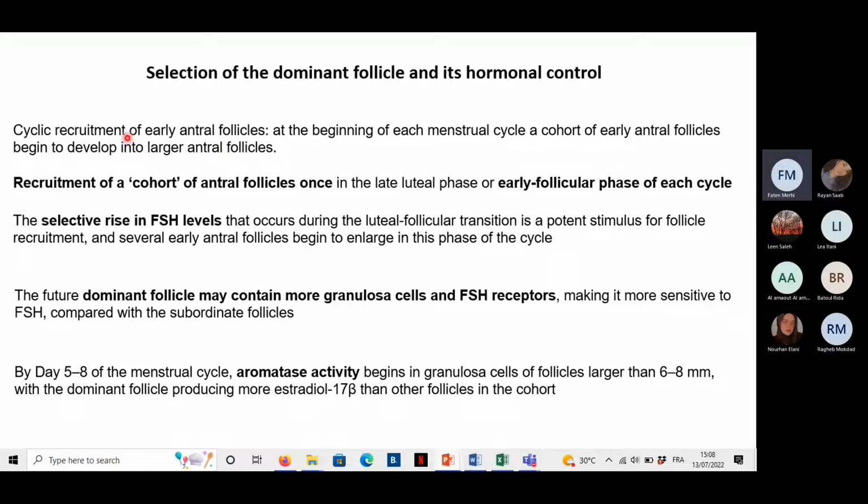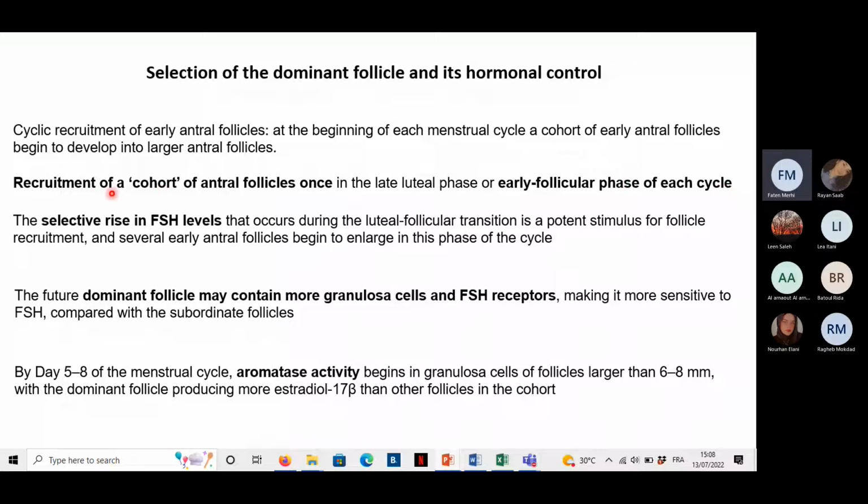And this development is under the action of FSH. And because we have high FSH levels at the beginning of the cycles, those early antral follicles can start to develop, in fact. And the recruitment of a cohort of antral follicles occurs once in the late luteal phase or early follicular phase of each cycle.